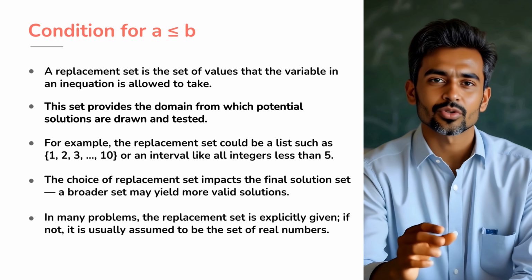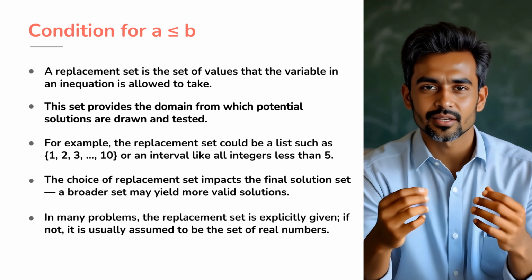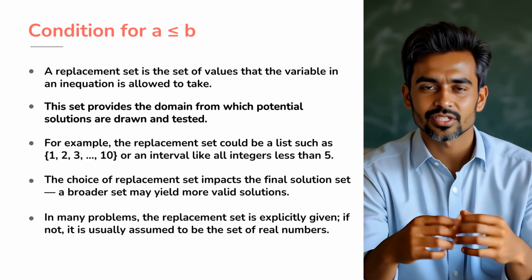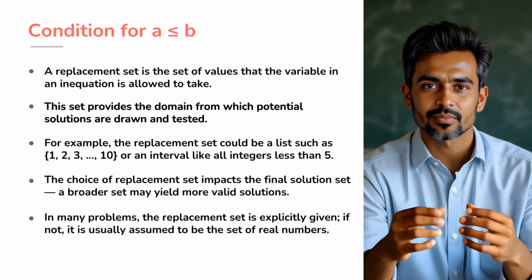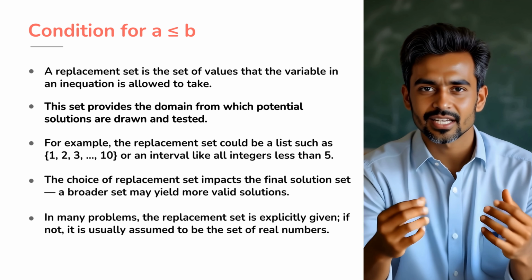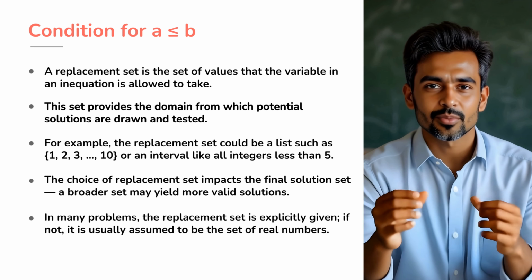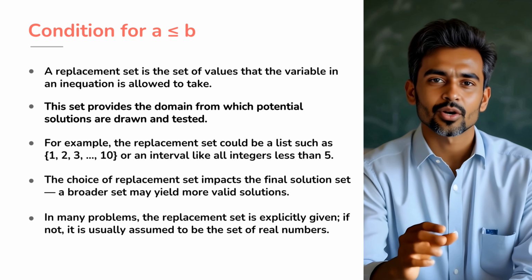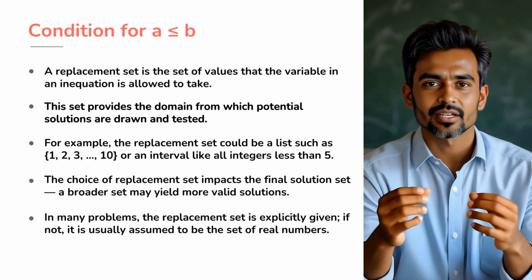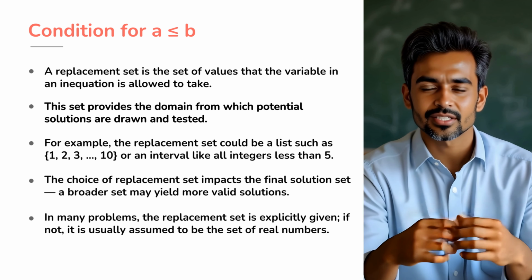Now let's move to the second type, when A is less than or equal to B. We write this using a less than sign with a horizontal line below it. This means that B minus A is either 0 or positive. Here's an example. Negative 3 is less than or equal to 5 because 5 minus negative 3 equals 5 plus 3, which is 8, a positive result.